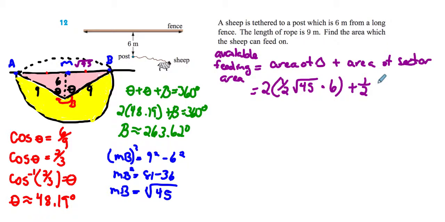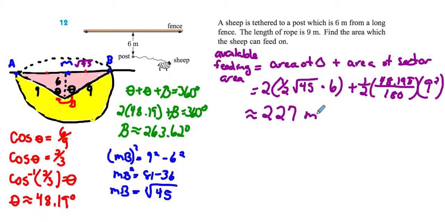Well, the area of the sector is 1/2 theta, but let's convert that into radians by multiplying by pi over 180 times radius, which is 9 squared. And then just simplify, work that all the way out, and you end up with 227 square meters.